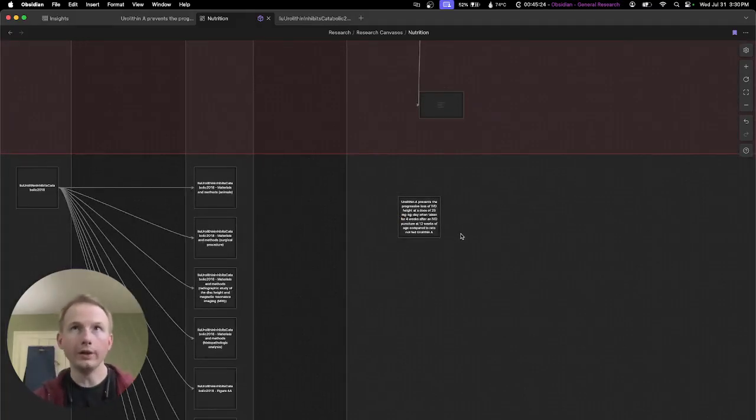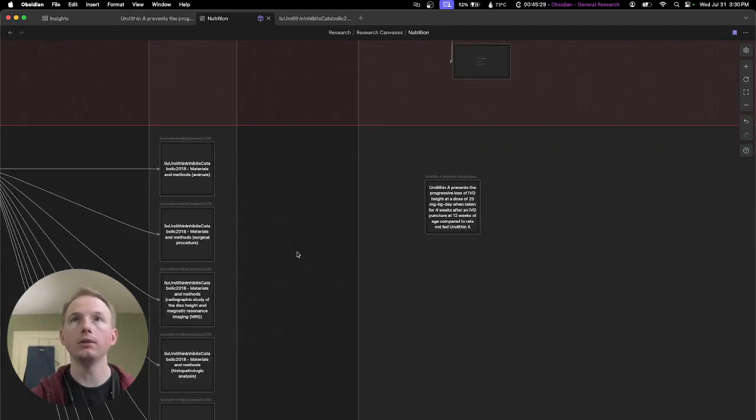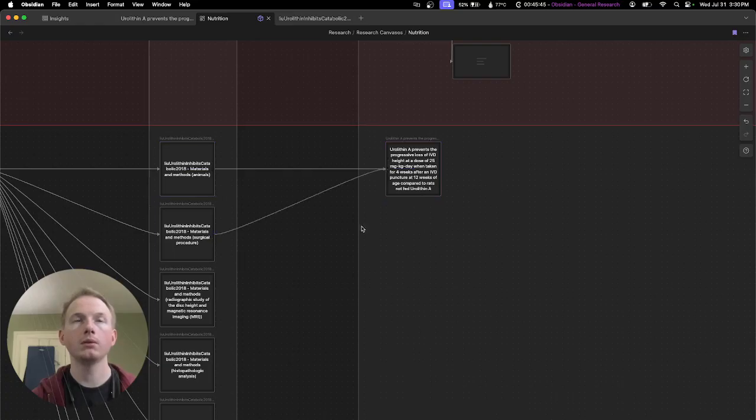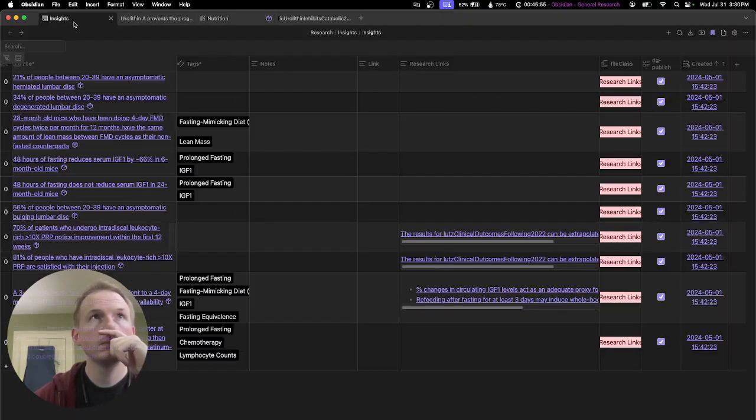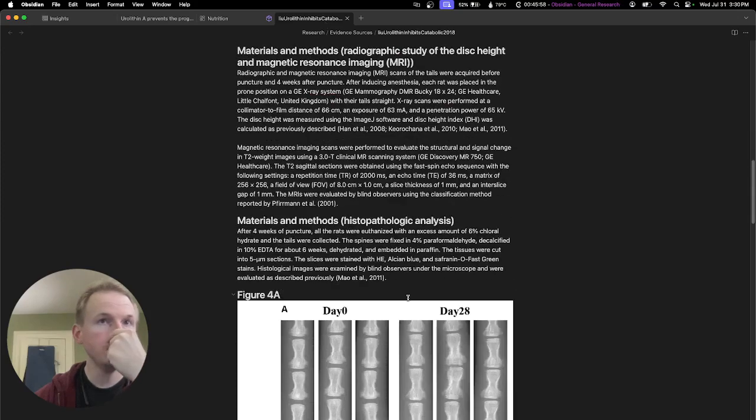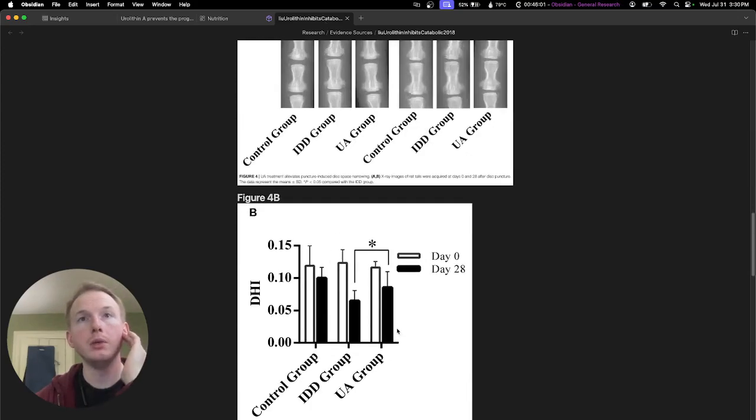Okay, so with this one insight that has taken, I don't know how many minutes to generate, the information I used came from the animal section, talked about the disc puncture, it's drawing from, it's based on 4A and 4B.